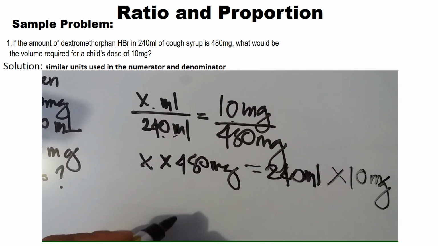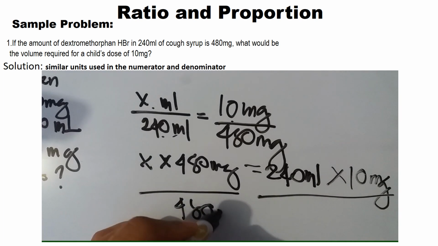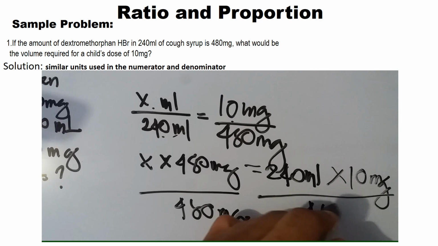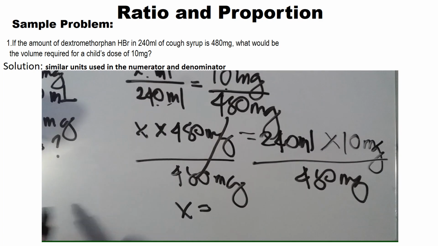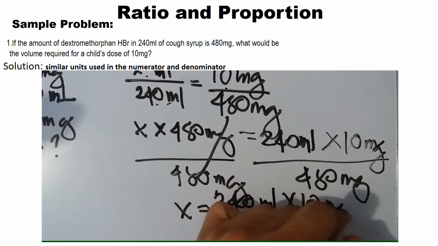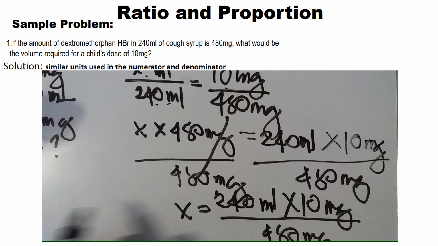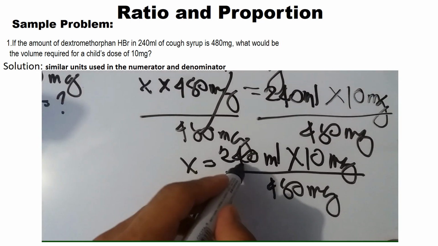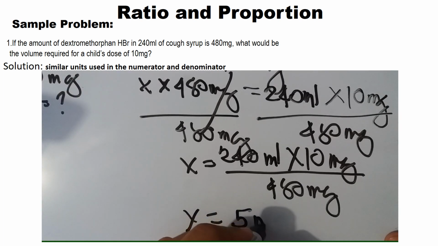Since we are looking for X, we divide both sides by 480 milligram. Cancel this. X now becomes 240 ml times 10 milligram divided by 480 milligram. 240 times 10 is 2,400, divided by 480, which is equivalent to 5 ml.